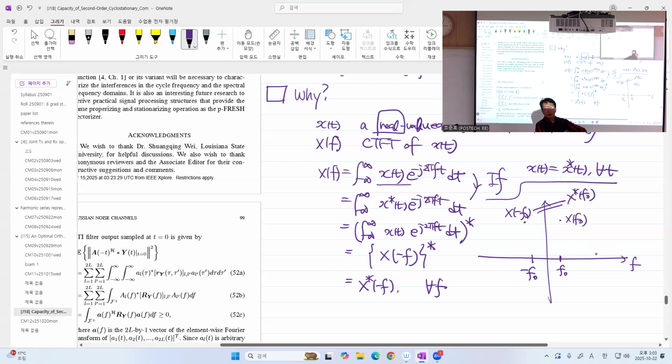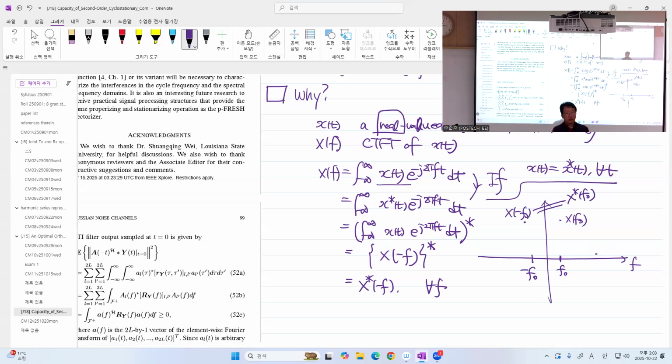Why do I talk about this one? Because an improper random process behaves very similarly to a real valued signal among all the complex valued signals. Got it? I'm not saying that they are equivalent, or that their behavior is exact, but similar.